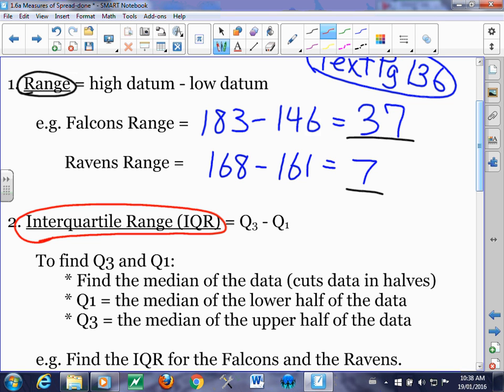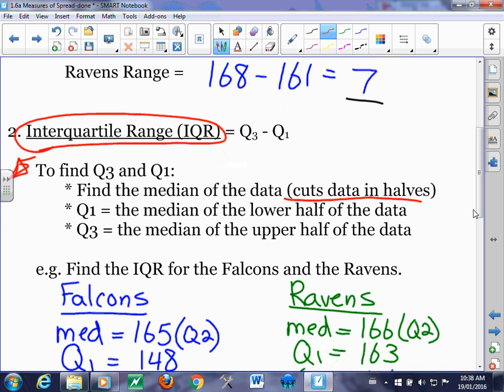Here's how you do it, right here below. To find Q3 and Q1, first of all, find the median, and that cuts the data in half. Q1 is the median of the lower half, so cut the lower values in half, and for Q3, you cut the upper values in half.